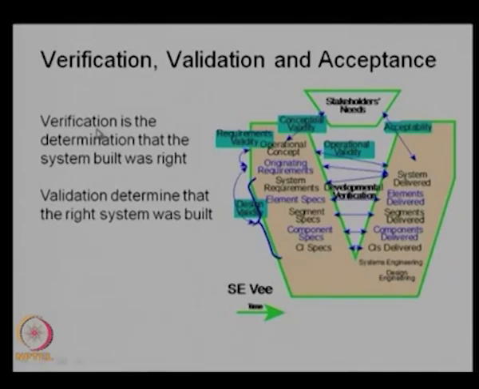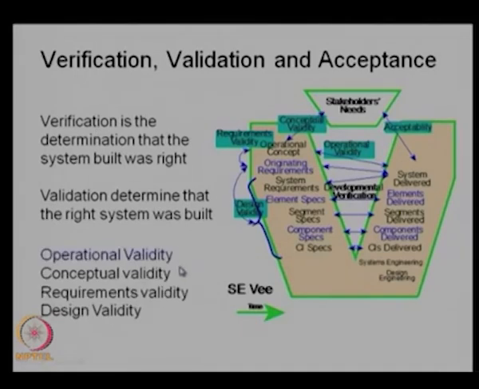In validation we ensure that whatever we are building can satisfy the customer requirements. In the verification stage, we ensure that whatever we wanted to design, the same design has been built into the system. That is, the system is built right. In verification we ensure that the system is built right, and in validation we ensure that the right system was built for that particular application. So, this is the basic difference between verification and validation.